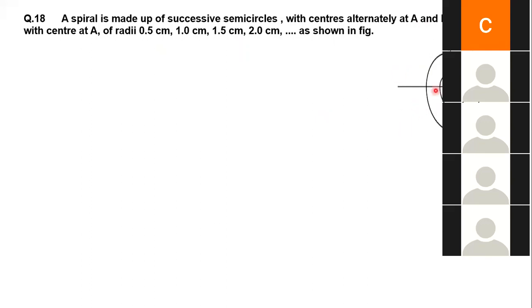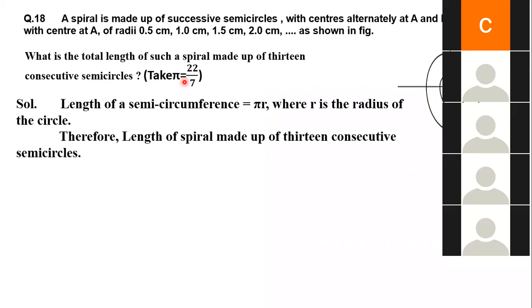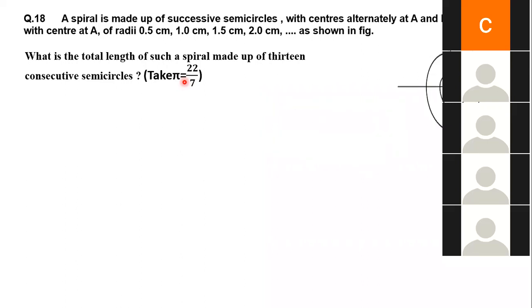Radii are 0.5, 1.0, 1.5. What's the A value, children? 0.5. They're asking what is the total length of such a spiral made up of 13 consecutive semicircles. Take pi value 22 by 7. So write A value. We know, what is the circumference of a circle, children?